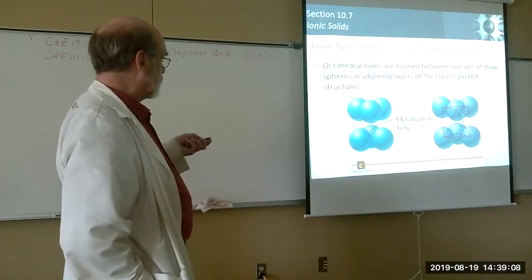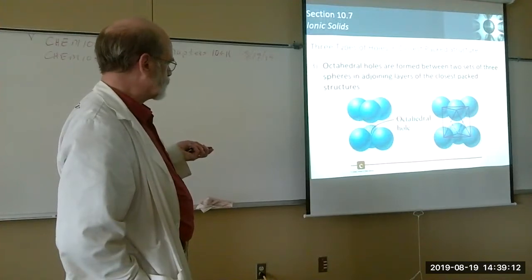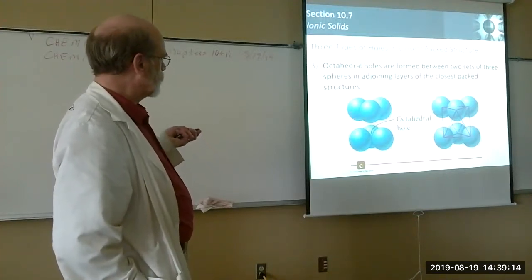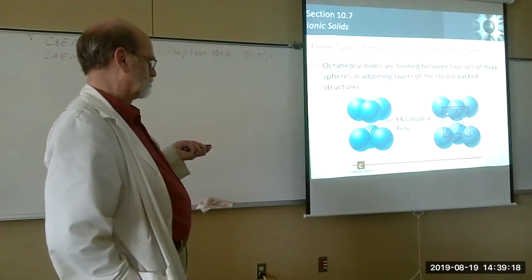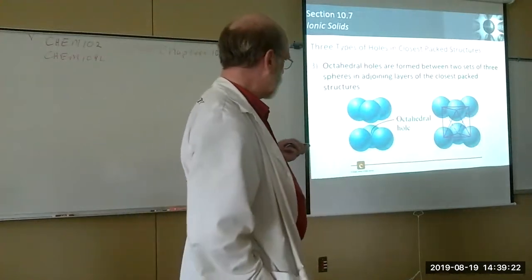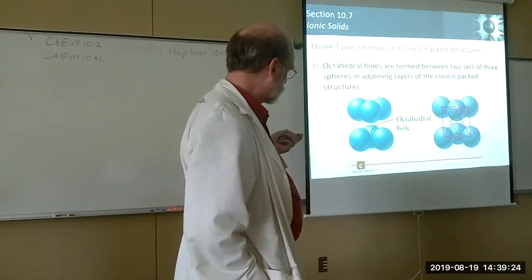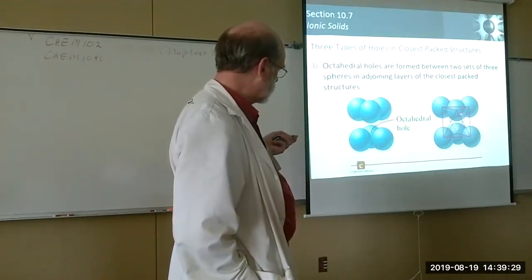Then if you take these three and put them together so that their bulges fit into the holes, you end up with an octahedral arrangement. Octahedron means what? 8 sides? So let's see if there are 8 sides. There's one here and one on top, so that's 2, 3, 4, 5, 6.